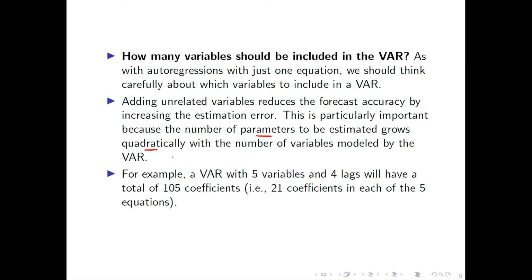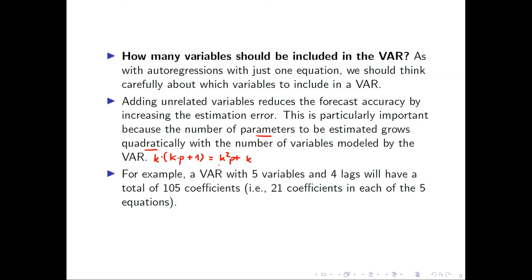If you take k times p plus 1, that is the number of coefficients in each of the regressions, and you have k regressions, which means that you have k squared p plus k parameters in the VAR model.